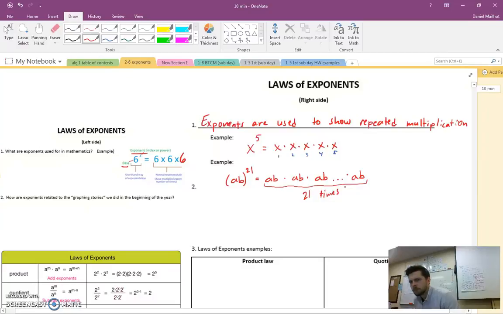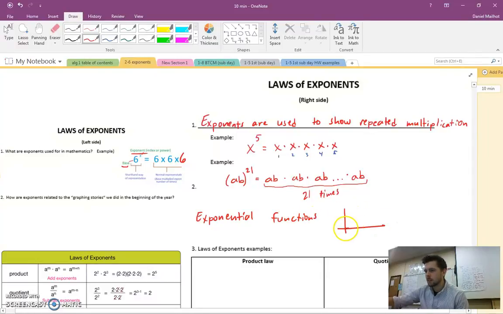All right, question 2. How are exponents related to those graphing stories that we did at the beginning of the year? Well, you remember exponential functions? Those of you who remember that, remember the graphs kind of look like that. They got really steep, really fast.